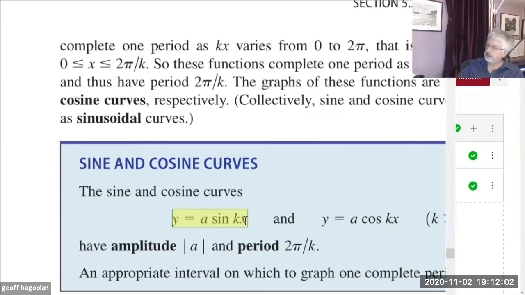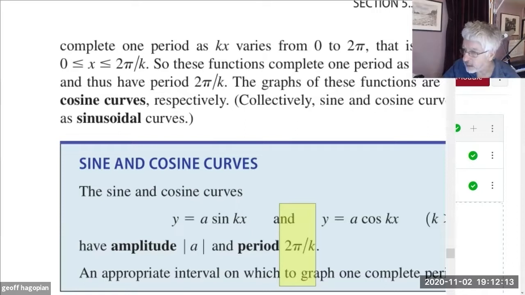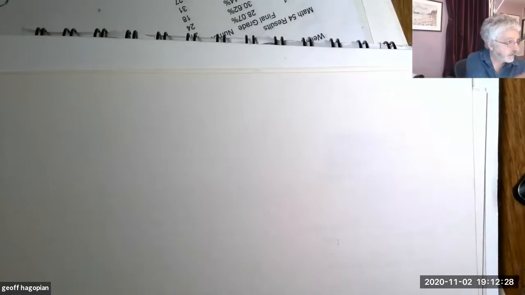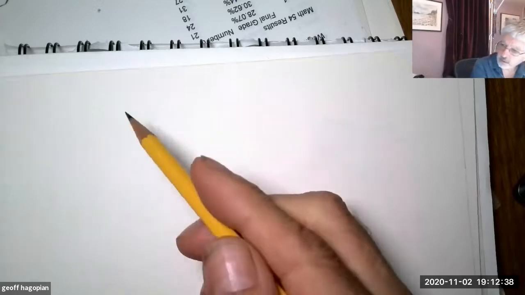Same thing for cosine, right? So the period of oscillation is 2 pi over k. Maybe that deserves a little more. Can we write on the board? I've set up my system back at my Palm Desert home, and I've got pencils.